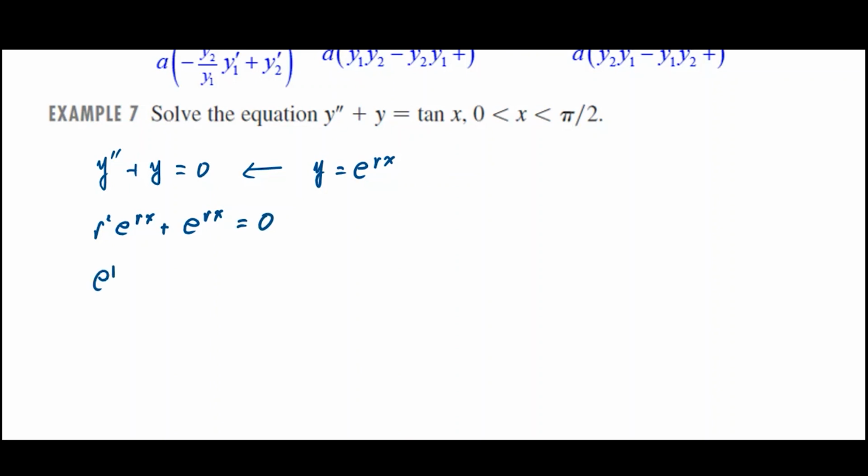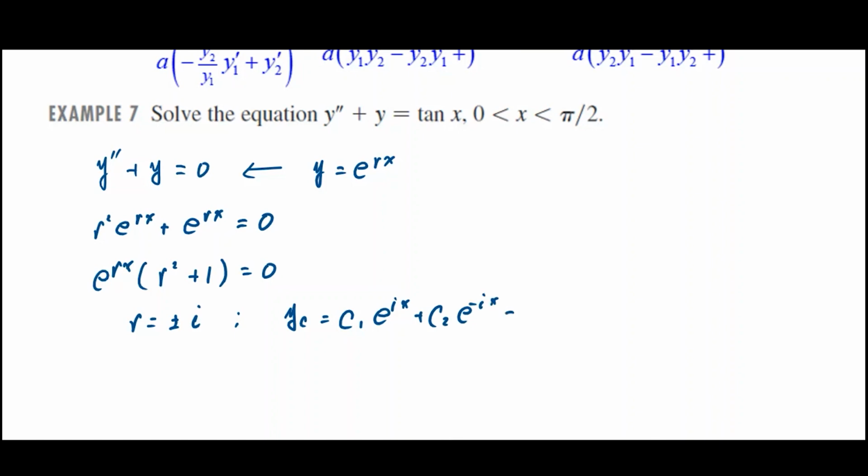So we have e to the rx as a common factor, and then we'll have r squared plus 1 is equal to 0. So from there, r is equal to plus or minus i. So my common solution is, we can write it like this, e to the ix plus e to the negative ix, but we would rather work with this form, using Euler's formula.